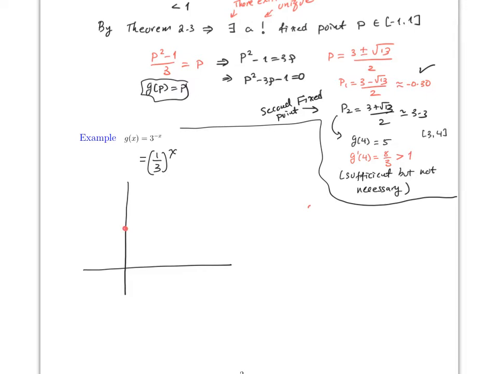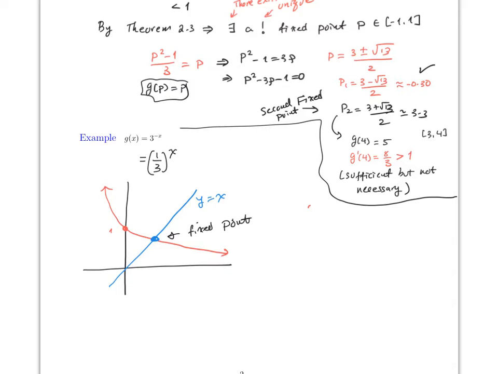This is the number 1, and this is the exponential function that goes down like this. Okay. Now, clearly, this has a fixed point. So you just draw a line, the line y equals x. So clearly this has a fixed point. That is obvious.